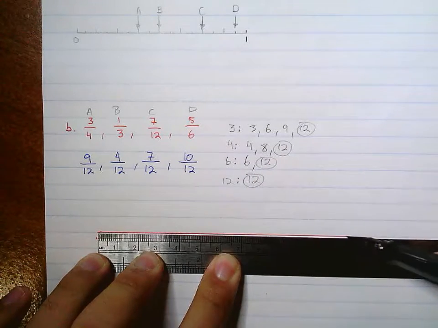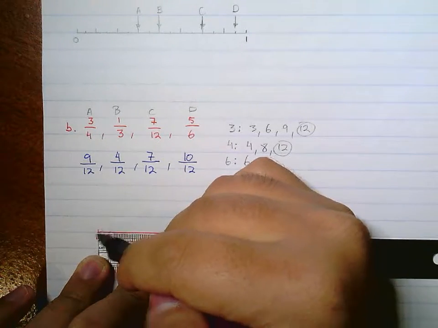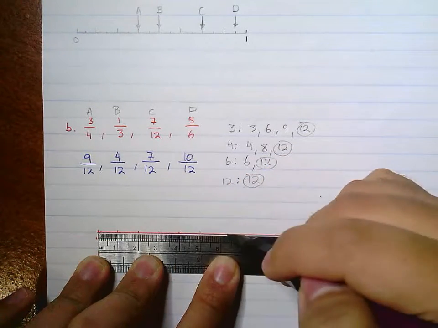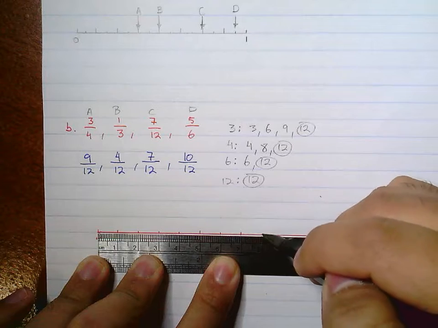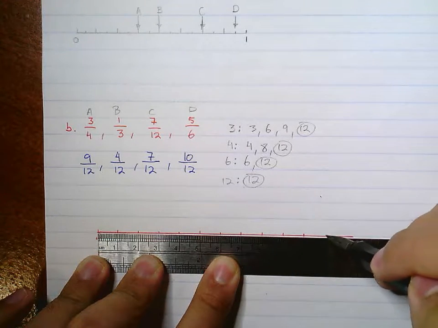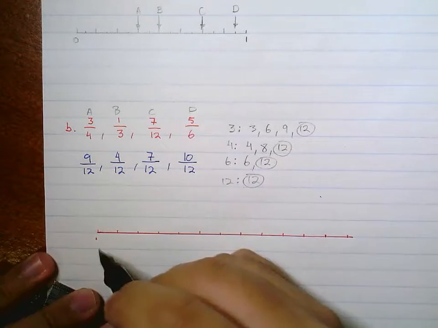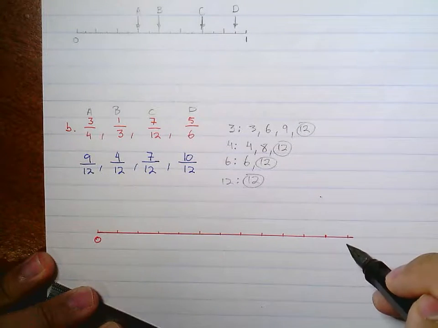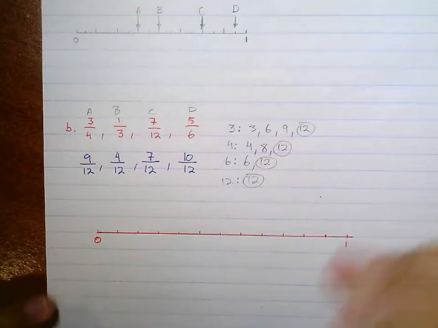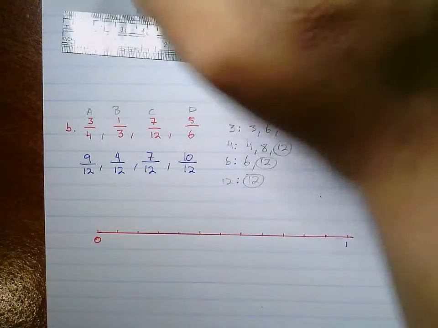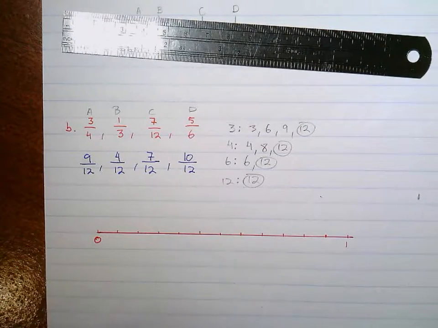That's 0, 1, 2, 3, 4, 5, 6, 7, 8, 9, 10, 11, and 12. There's my 12 centimeters. That goes from 0 to 1. Now it's just a matter of placing these values onto the line.